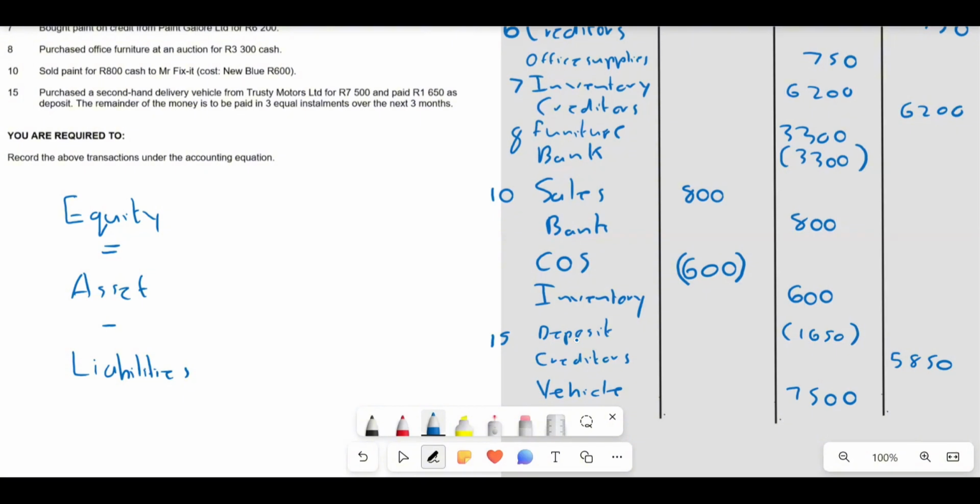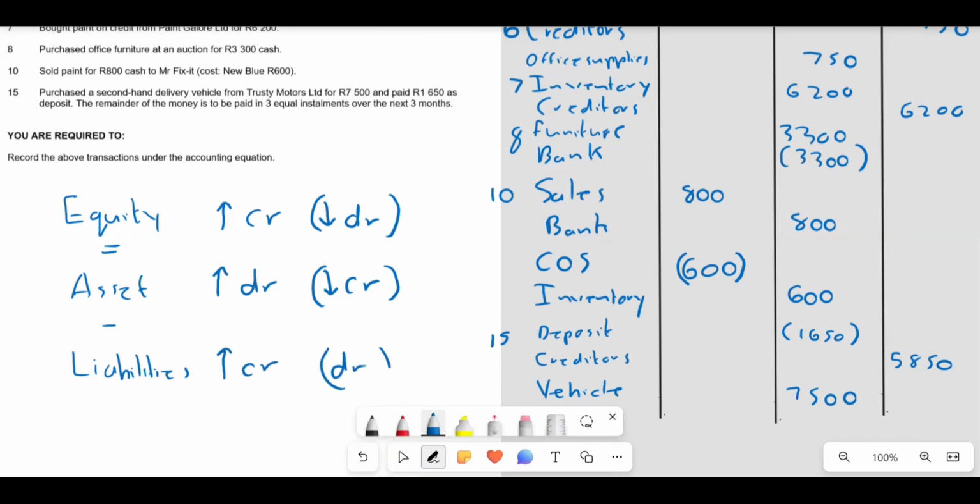And equity increases on the credit side and decreases on the debit side. Assets increase on the debit side and they decrease on the credit side. Liabilities increase on the credit side and decrease on the debit side.